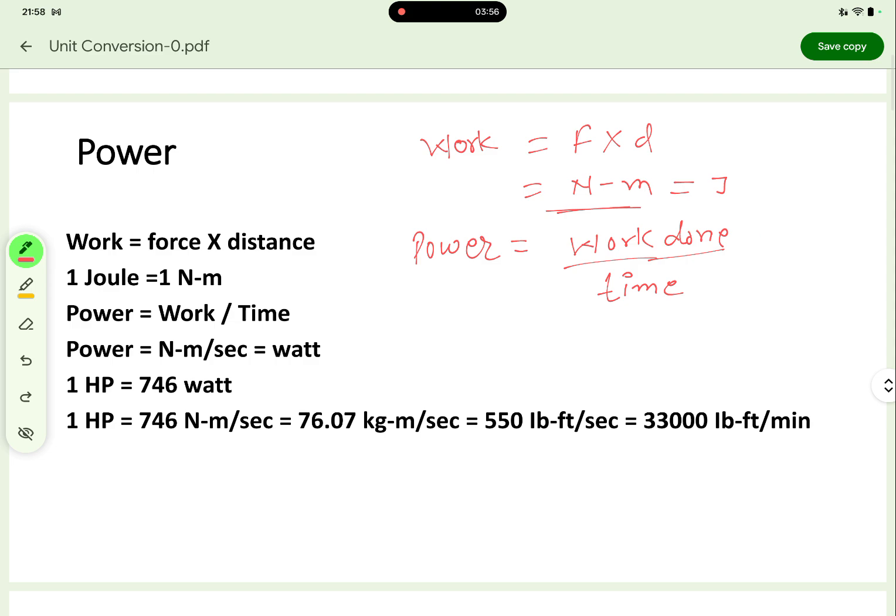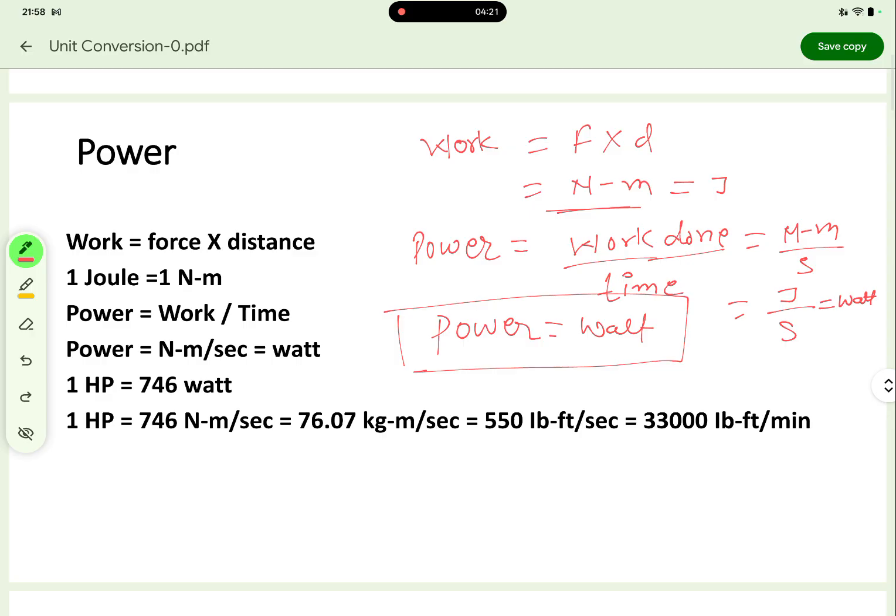So we know that the unit of power is Newton meter divided by time. Newton meter gives you joules, and when you divide joule by the time, second, you will get the watt. Watt is the unit of power. So you need to remember this, and there is a unit conversion you have to know.